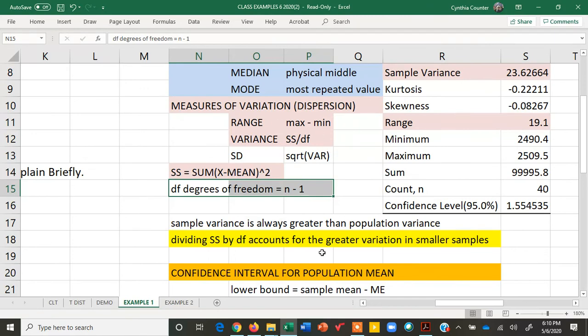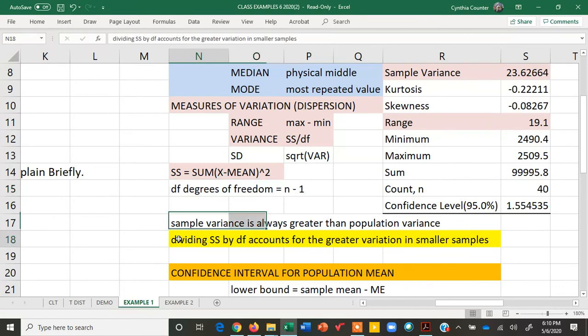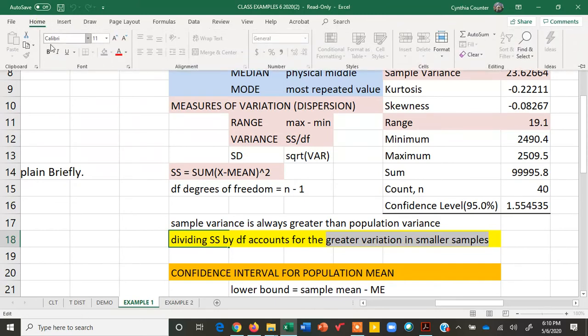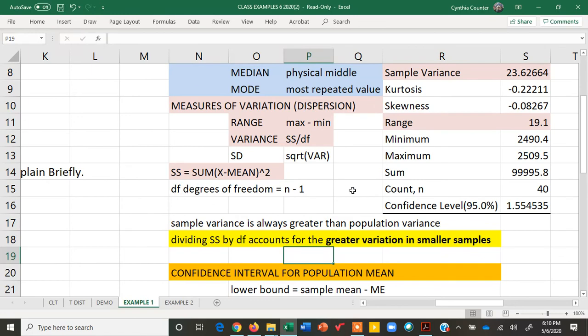Greater variation in smaller samples. This is like a mantra. Do not forget this. There is greater variation in smaller samples. So to make sure we have a more accurate, technically an unbiased measure of variation, we divide by the degrees of freedom.